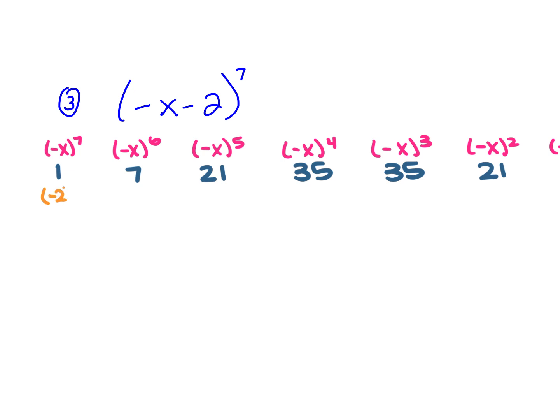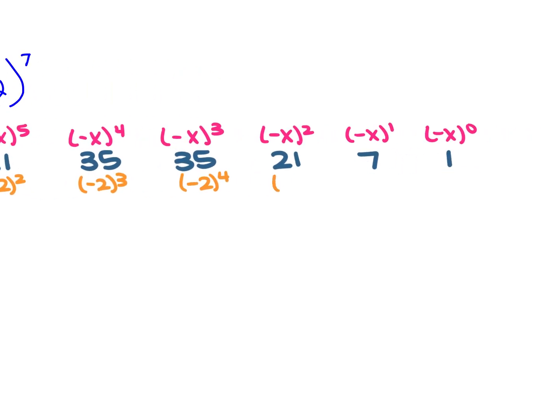So you're going to have negative 2 to the power of 0, negative 2 to the 1st power, negative 2 to the 2nd, to the 3rd, to the 4th, to the 5th, the 6th, and the 7th.